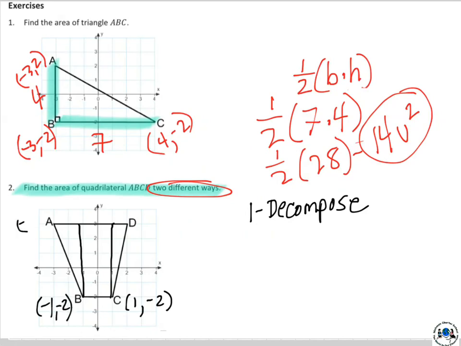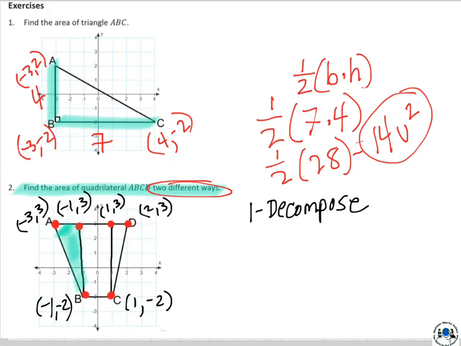Let's go ahead and plot some points, these ordered pairs that go along with all the different points that we are going to need to do our calculations.